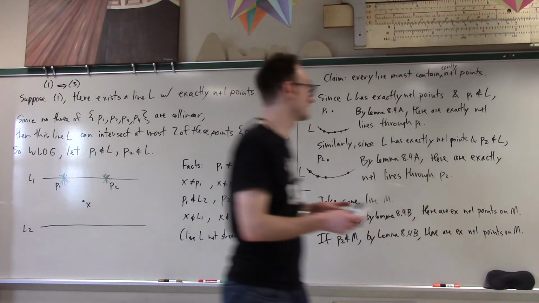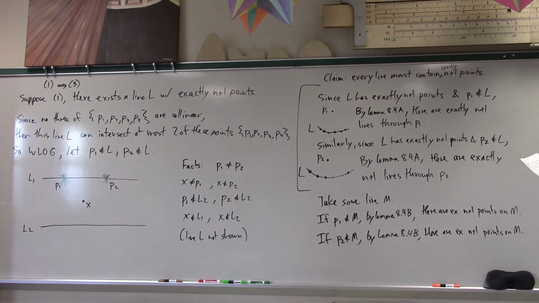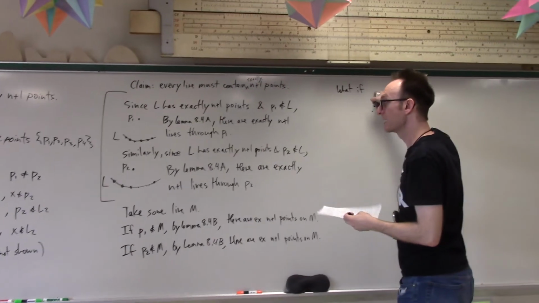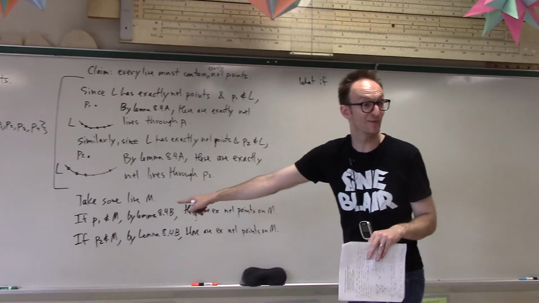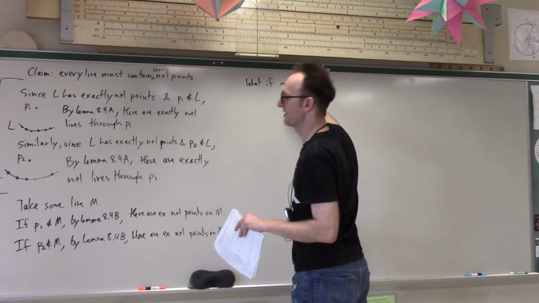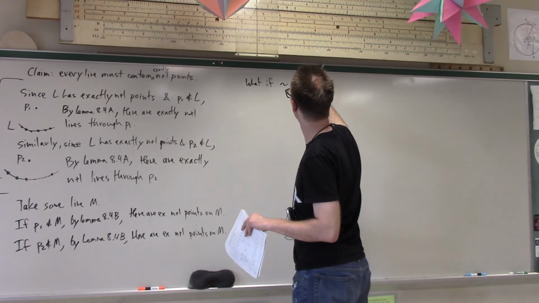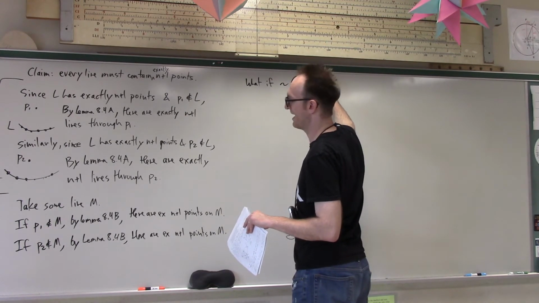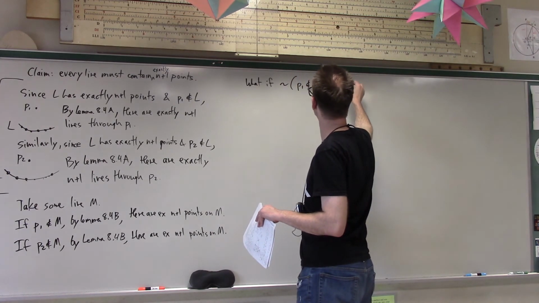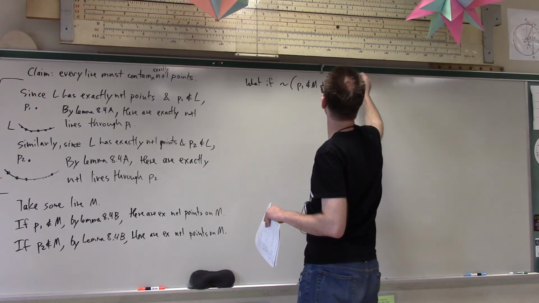How do I write that down more clearly? Let's see. I'll just write some suggestive questions. What if neither of those is true, right? What if it's not the case that P1 is not on M, or P2 is not on M?